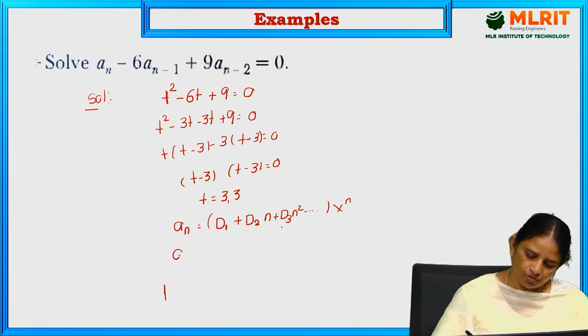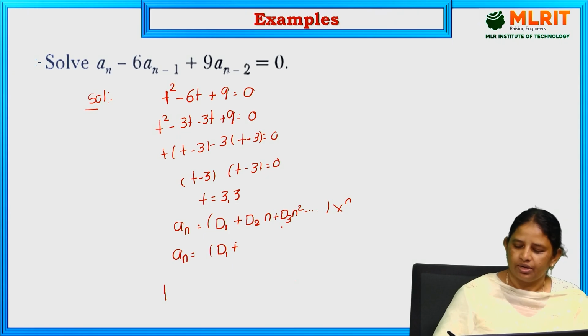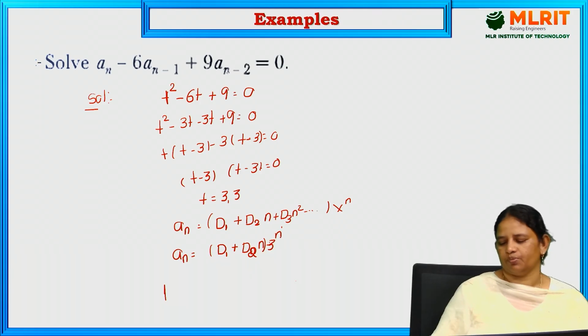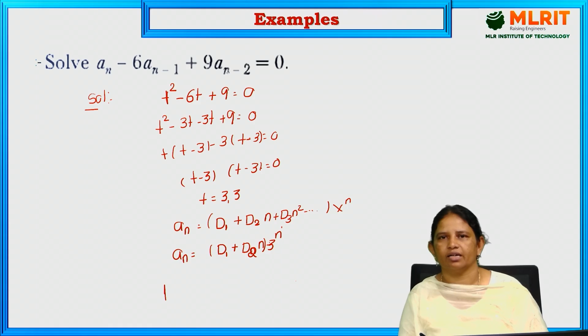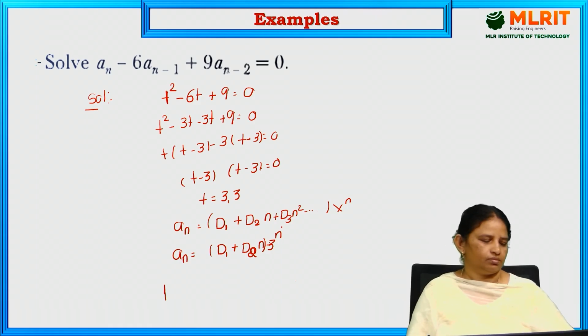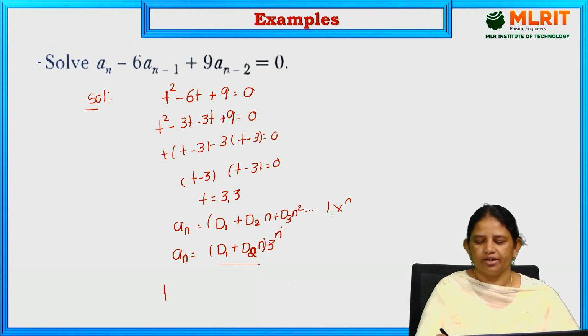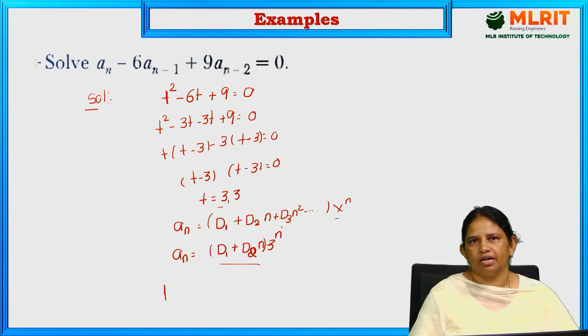The solution for the recurrence relation is an equal to d1 plus d2n, where d2n is the second term, times x to the power of n, which means 3 to the power of n. Because the roots are the same, you have to apply this formula.